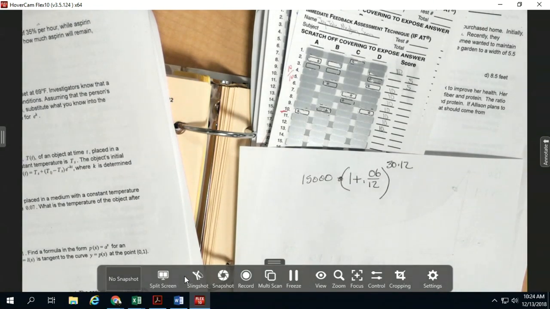Remember, it's the amount, and by the way, Lauren, this is a test question, so you do need to know how to do this one.